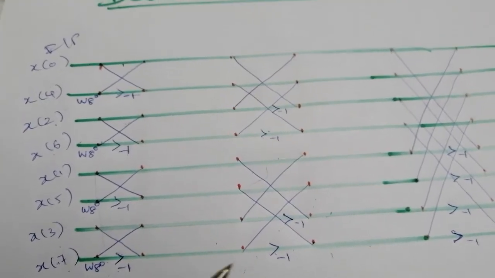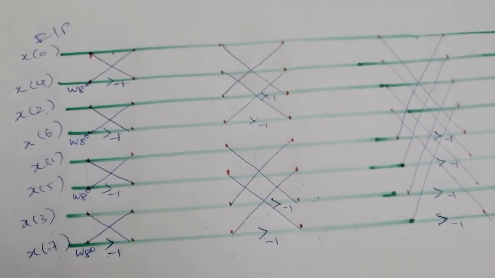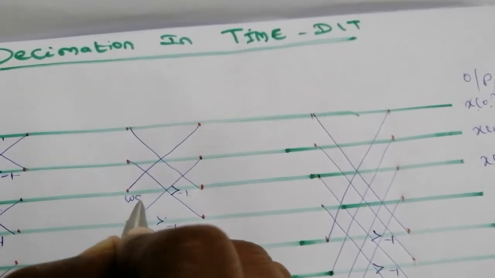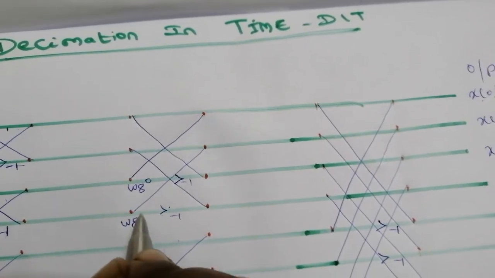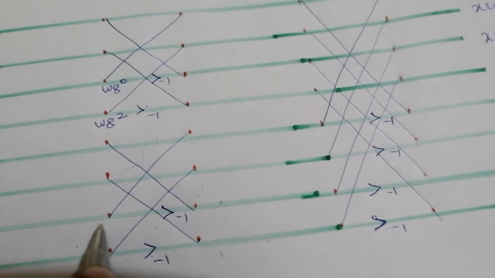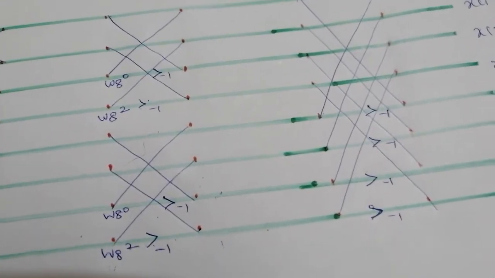In first stage, we only multiply W8 power 0, right? In second stage, in the first -1 line, we are going to multiply W8 power 0. In second line, we are going to multiply W8 power 2, right? Likewise, here, first line W8 power 0, then W8 power 2.